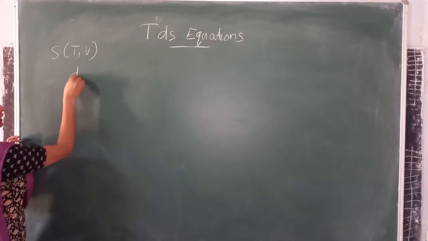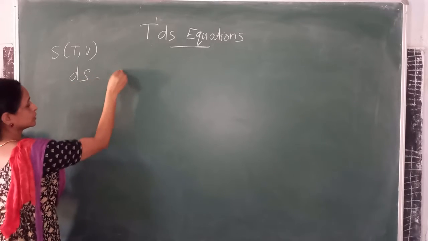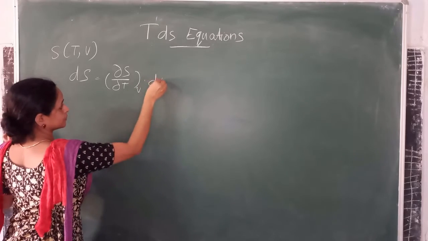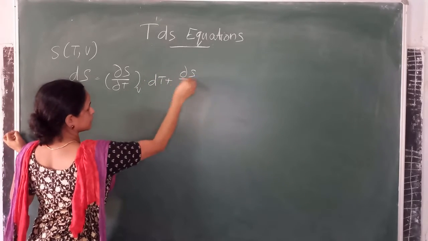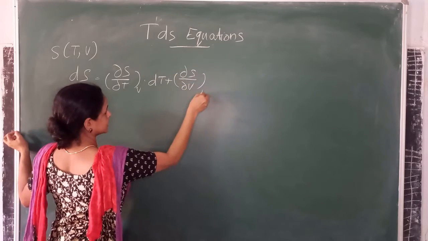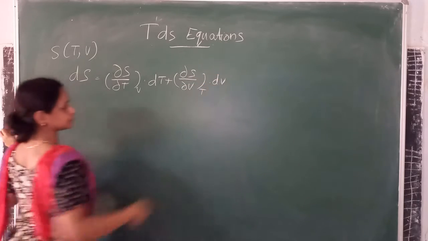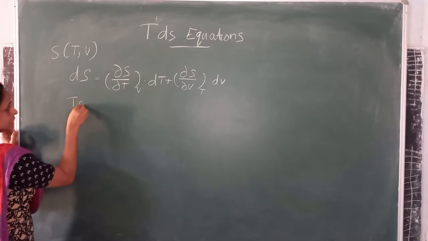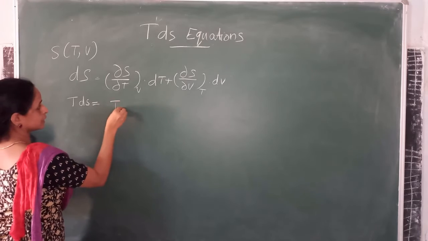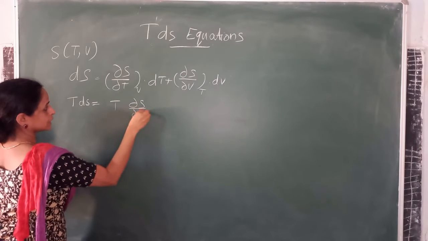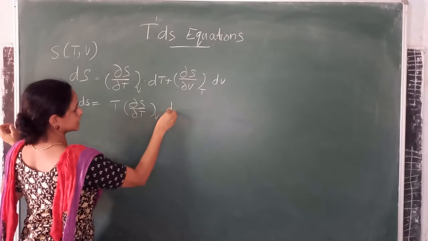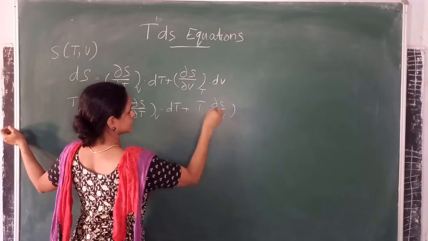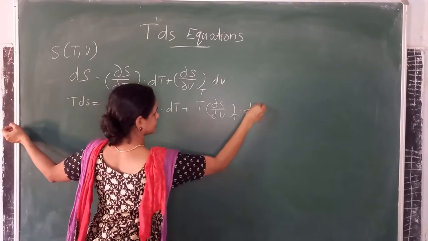So immediately we can write dS is equal to ∂S by ∂T at V into dT plus ∂S by ∂V at T into dV. Then multiply this equation by T, that is TdS equal to T into ∂S by ∂T at V into dT plus T into ∂S by ∂V at T into dV.